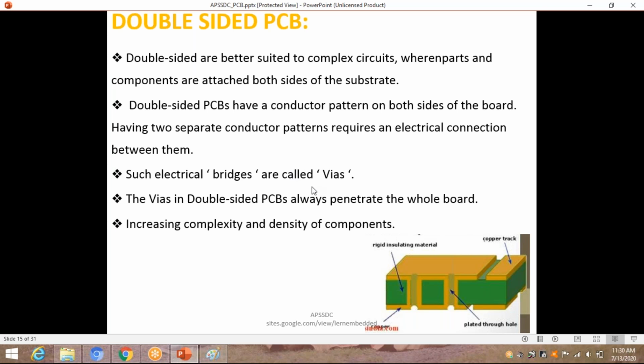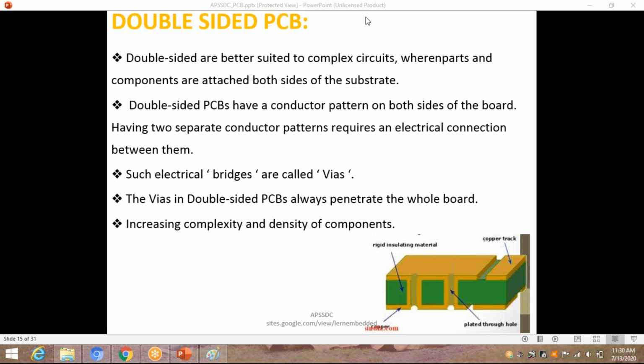Here it is explained why. Tell me, Mr. Arvind, where are the soldering areas? Double side. Okay, double-sided PCB. If we use through-hole components, we will be drilling holes and soldering on the other side.